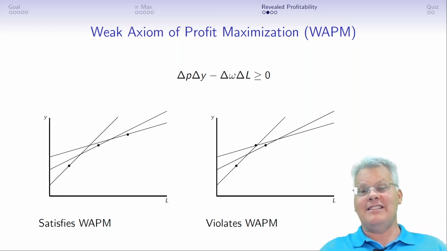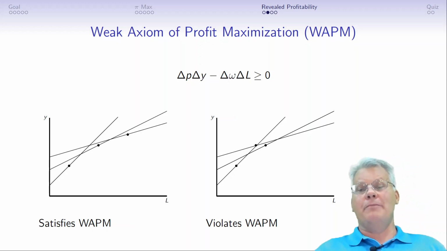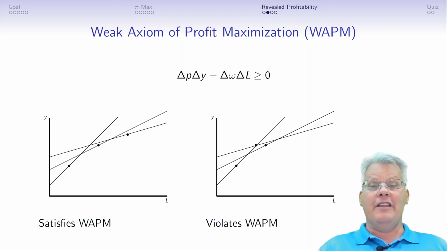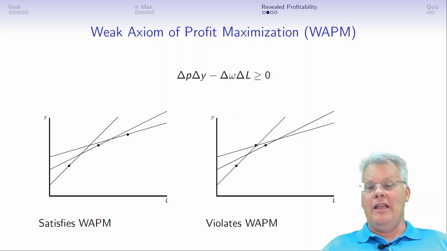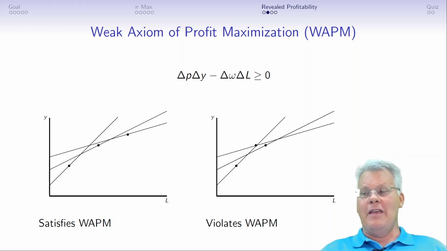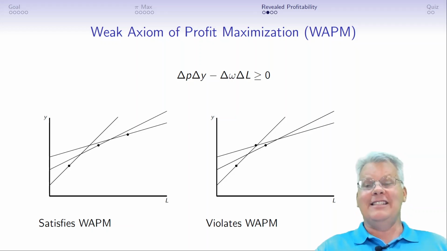What that implies then is that there was a different technologically feasible input-output combination that would have generated more profit than the point that was chosen by the firm. So this firm in the rightmost column, to my immediate left, was not consistently maximizing profits.